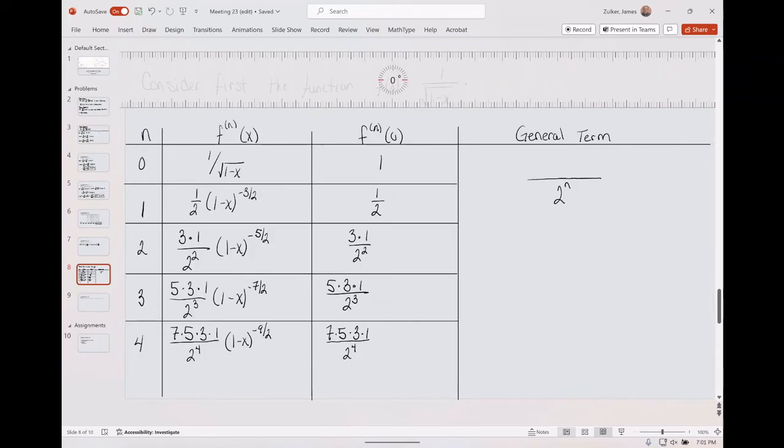The thing is, I'm noticing in the fourth one that the power of 2 is even, but all the other ones are odd. Are they? On the top. All the numbers that are being multiplied, I mean.